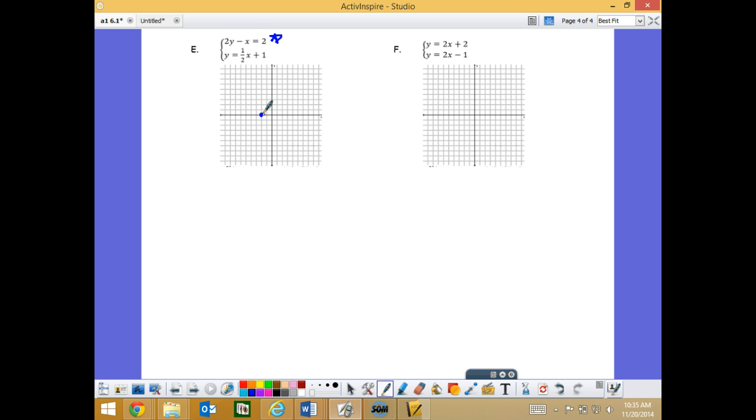And then the y-intercept, if we take out the x, 2y equals 2, so y is equal to 1. There's the y-intercept, so this line, and again, be very careful following that slope, so we're nice and precise.